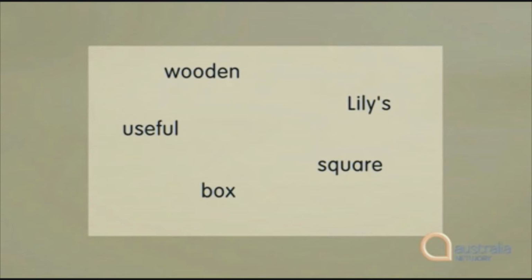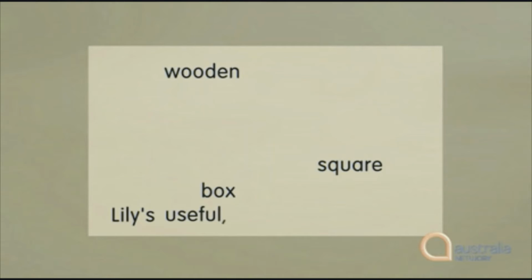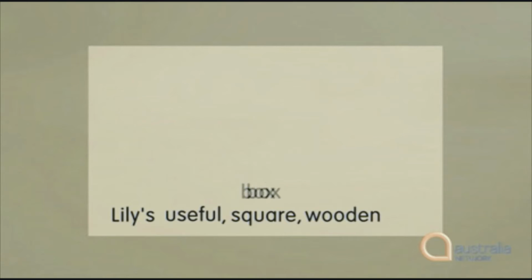The determiner. Whose box is it? It's Lily's box. So Lily's comes first. Then that's followed by the observation. The box is useful. Then the shape, it's square. Then finally the material, it's a wooden box. So we have Lily's useful square wooden box.